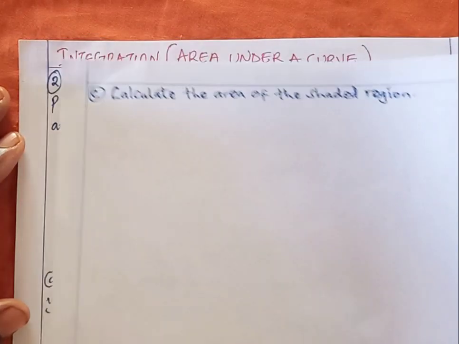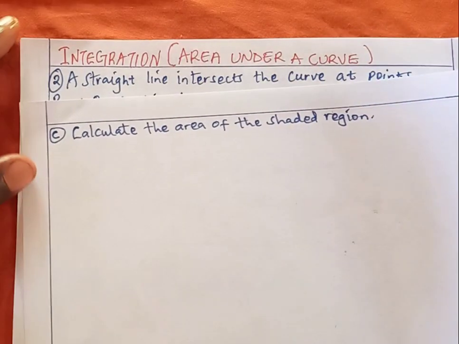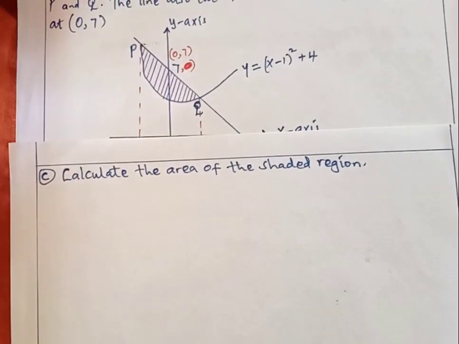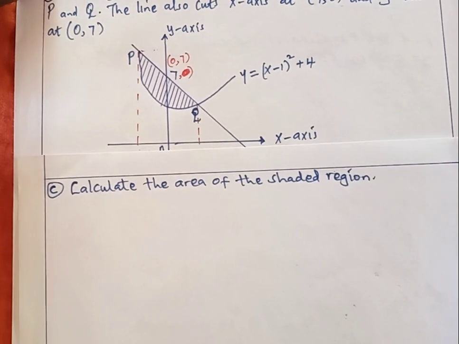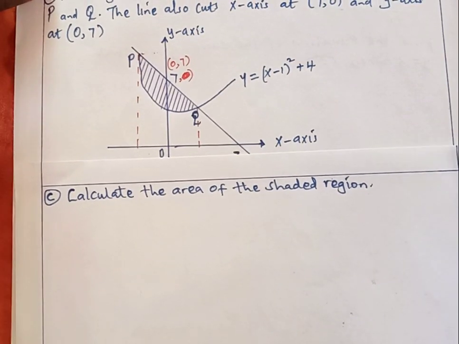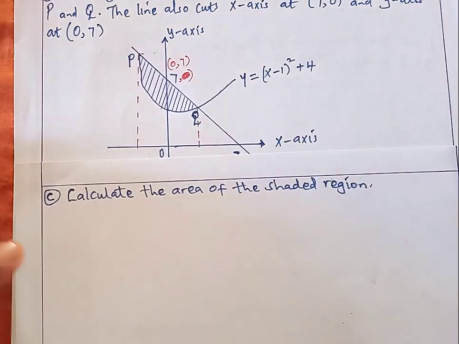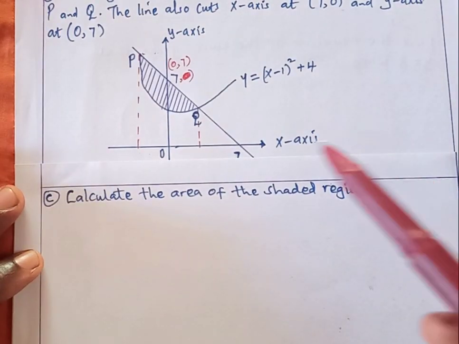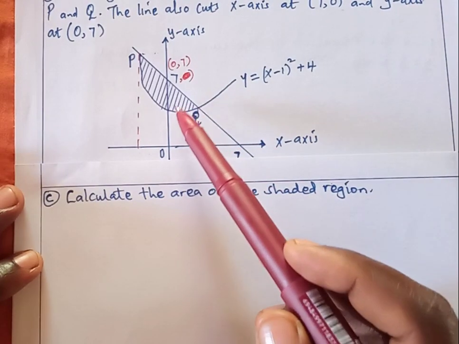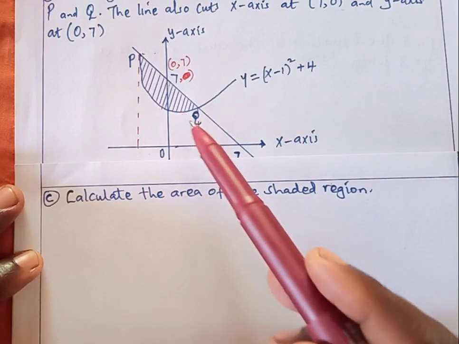Let me use this part here. Now it is very clear. This is the area that we are interested in, the area of the shaded part.